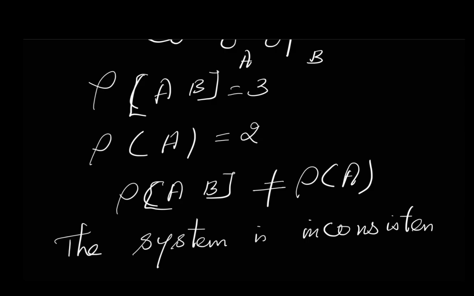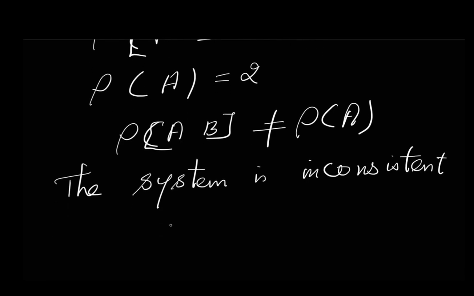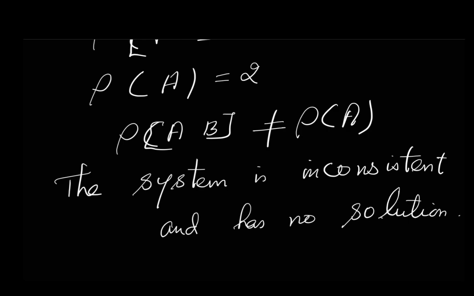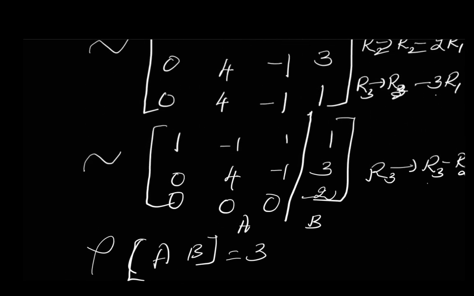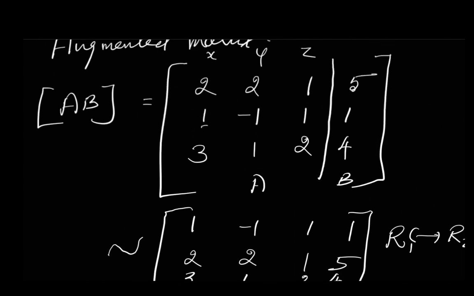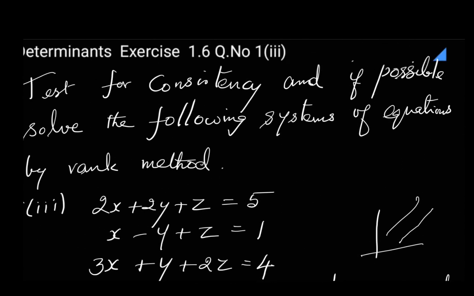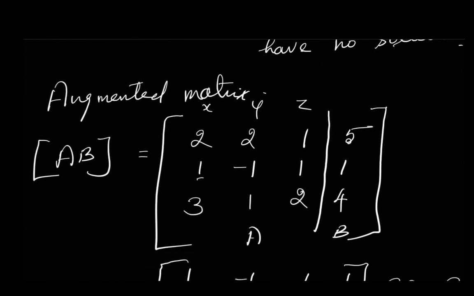That means it has no solution. That's all. So when they give the test for consistency, and the system is inconsistent, therefore it has no solution. Thank you.